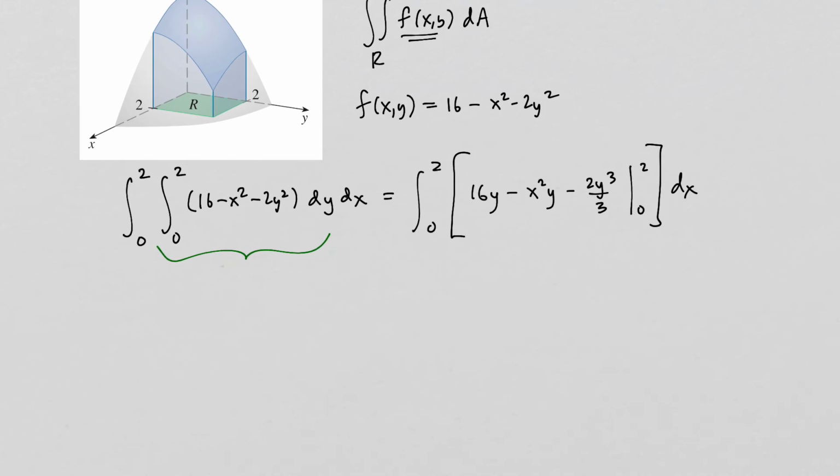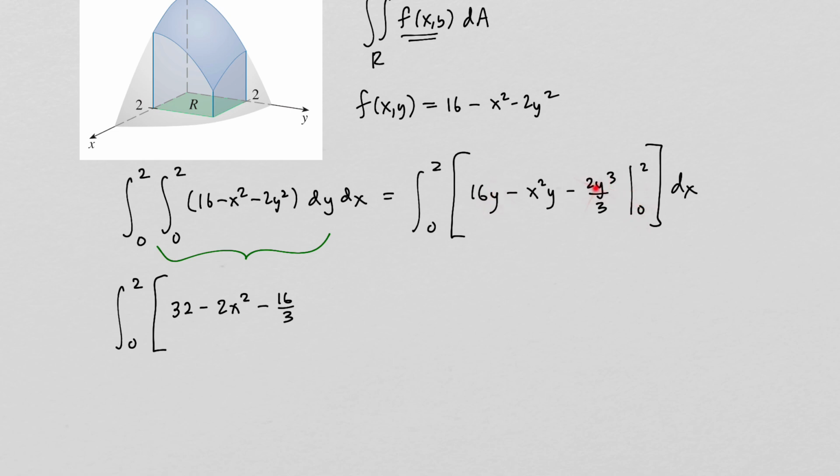So let's keep going here. We have the integral from 0 to 2 of, when I plug in 2, we get 32 minus 2x squared minus 16/3. Okay, so keep in mind we're plugging in y equals 2.